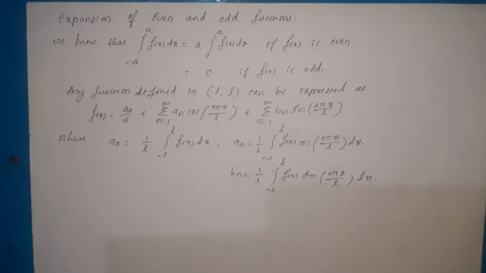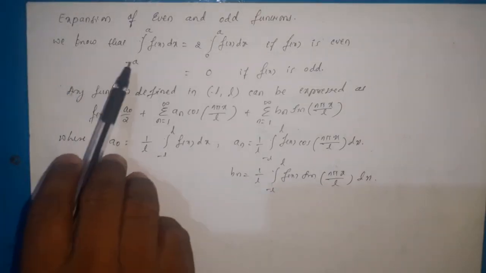So therefore let us expand the function if it is even and if it is odd. There is a change only in finding the values of a naught, a n and b n. So if the function is even and if the function is odd, there are some changes in the values of a naught, a n and b n. So therefore let us start the expansion of even and odd functions.